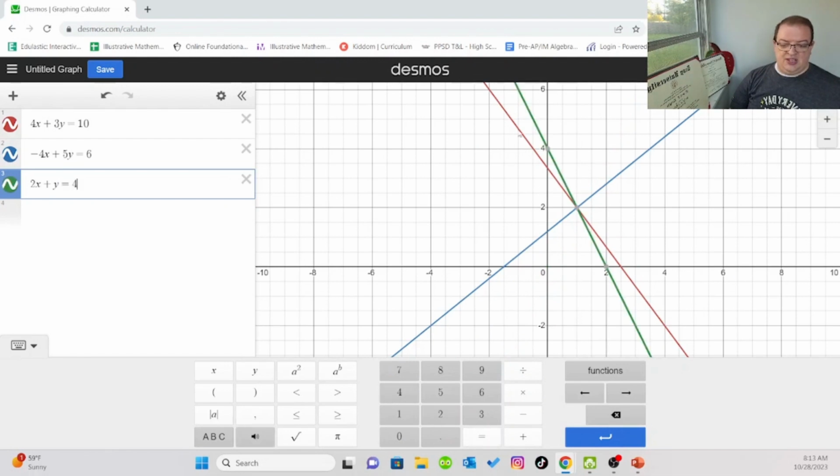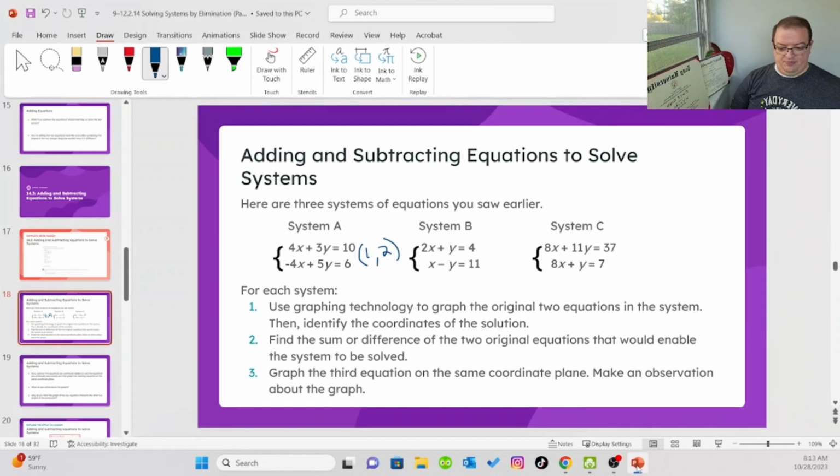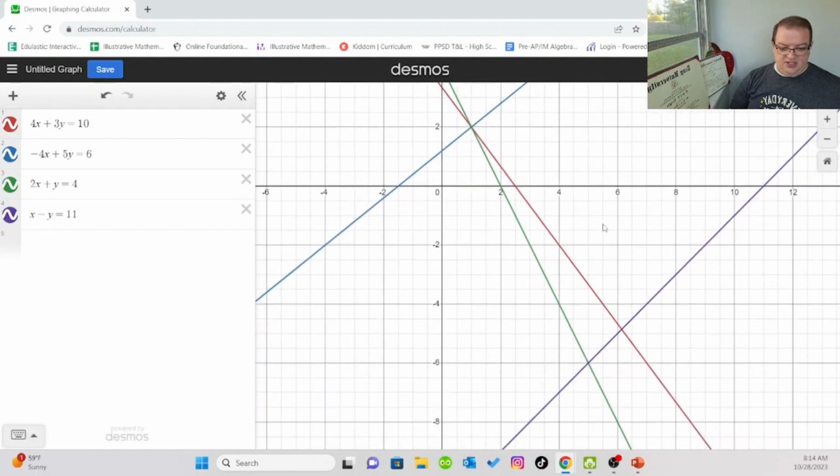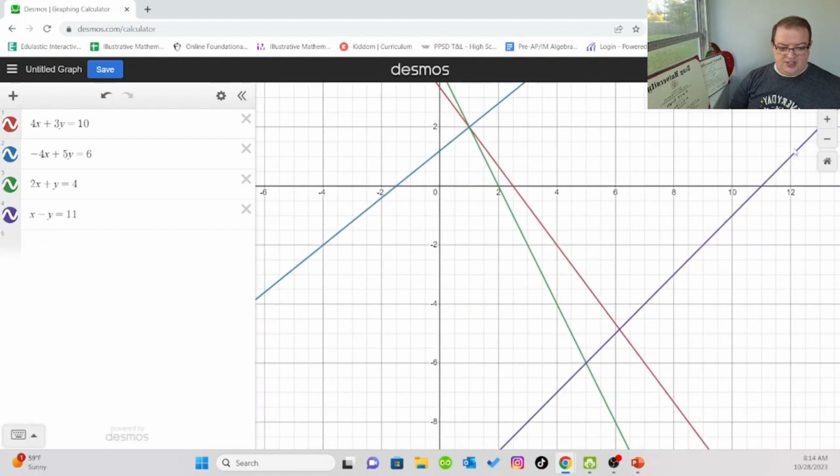So this says every single point pair on this green line makes this equation true. Next, we have x minus y equals 11. So now we're saying every single point on this purple line makes this equation true.